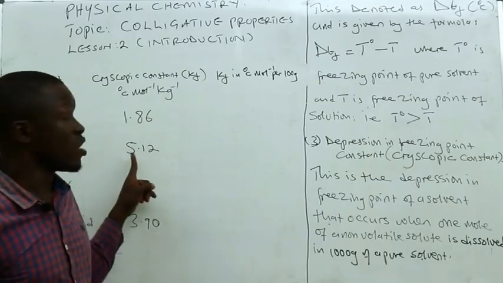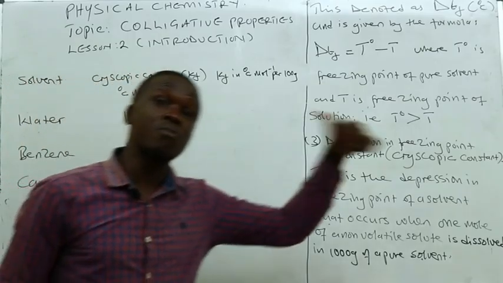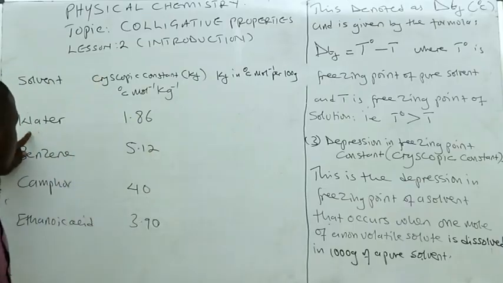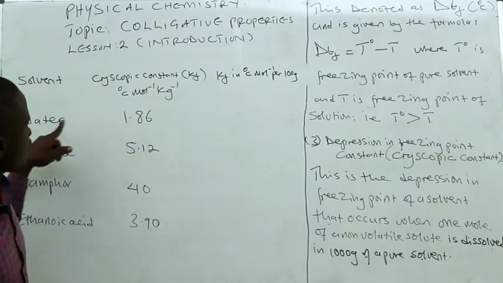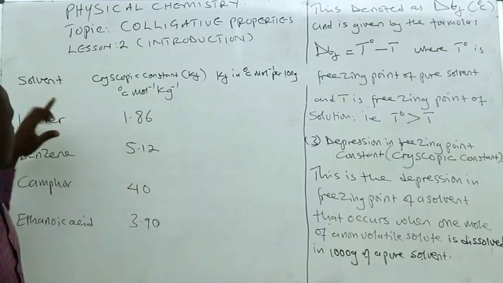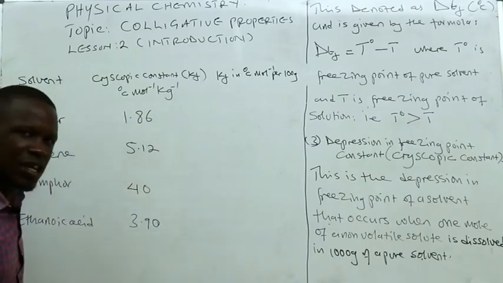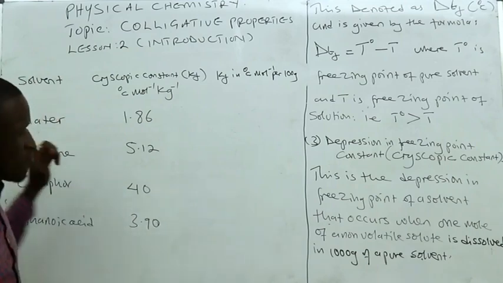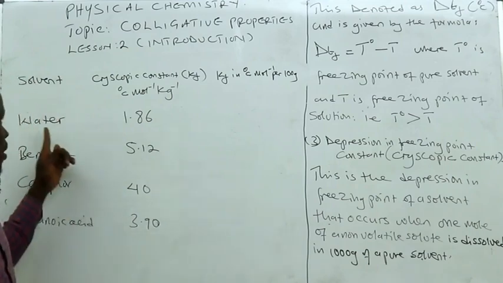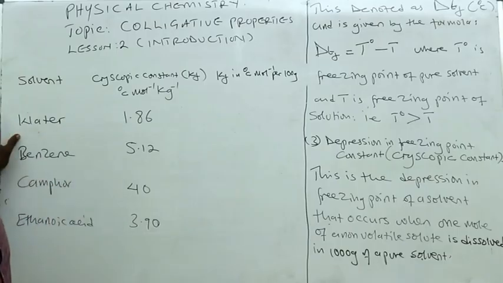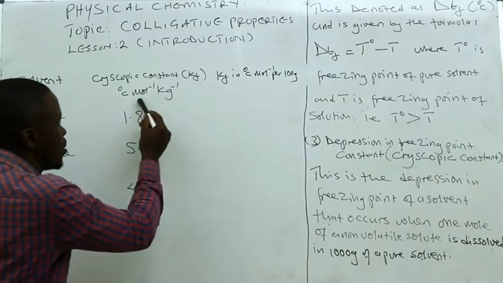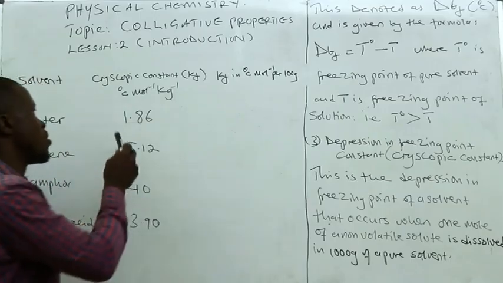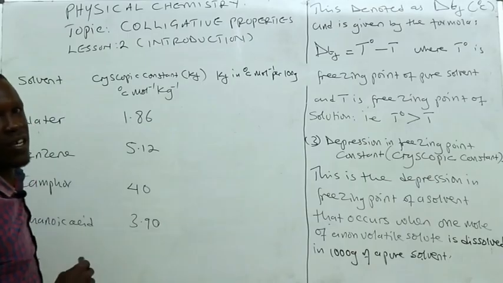Now, remember we said the colligative properties depend on the amount of solute dissolved. The depression is going to depend on how much solute has been dissolved. So they are saying that if you dissolve 1 mole of a non-volatile solute, whatever the solute, irrespective of its nature, in 1,000 grams of water, the depression caused will be 1.86.